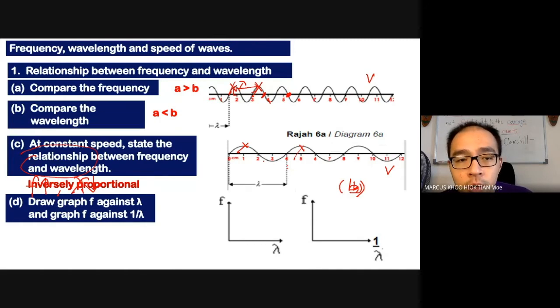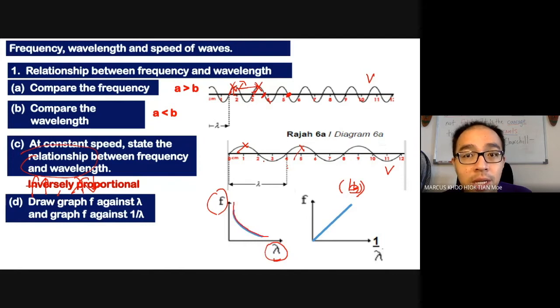When you draw a graph of f against lambda and f against 1 over lambda, you will get these two shapes. Since the frequency and the wavelength are inversely proportional, you will get a curved graph. If you convert the wavelength into 1 over wavelength, you get a directly proportional graph.